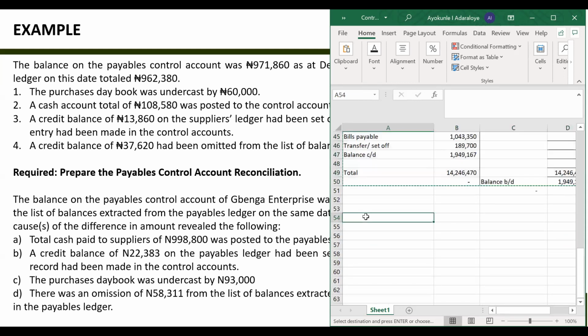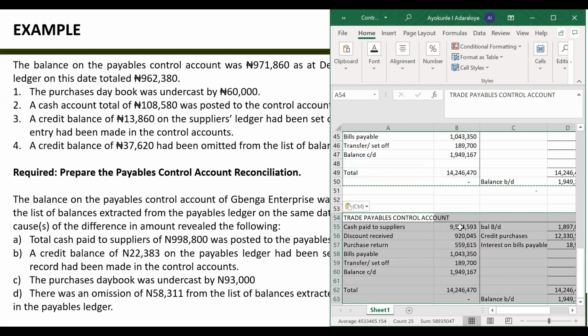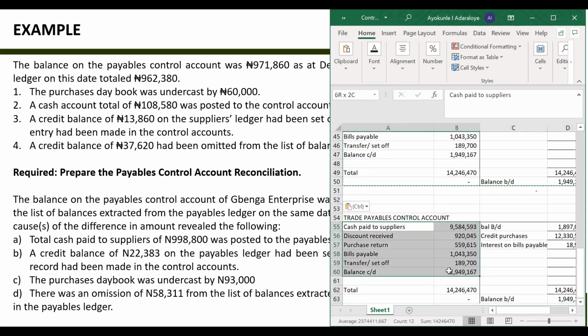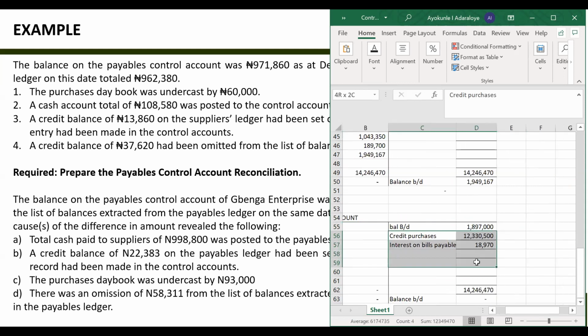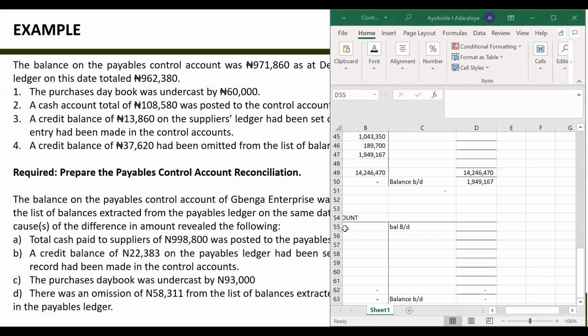It takes time, so I'm going to adjust it. I'm going to remove all this information. So do not be afraid, it's not the same thing. So what are we going to do here? Let us be picking the information from the question and adopting it immediately.